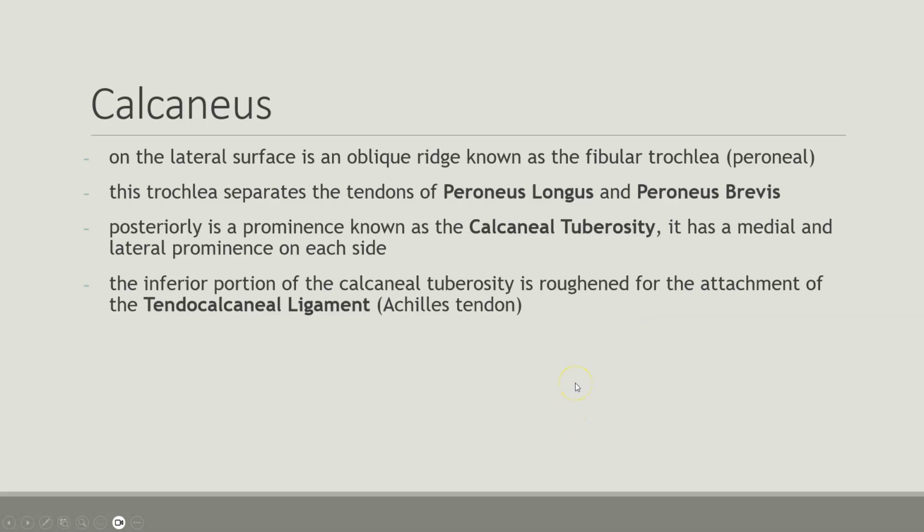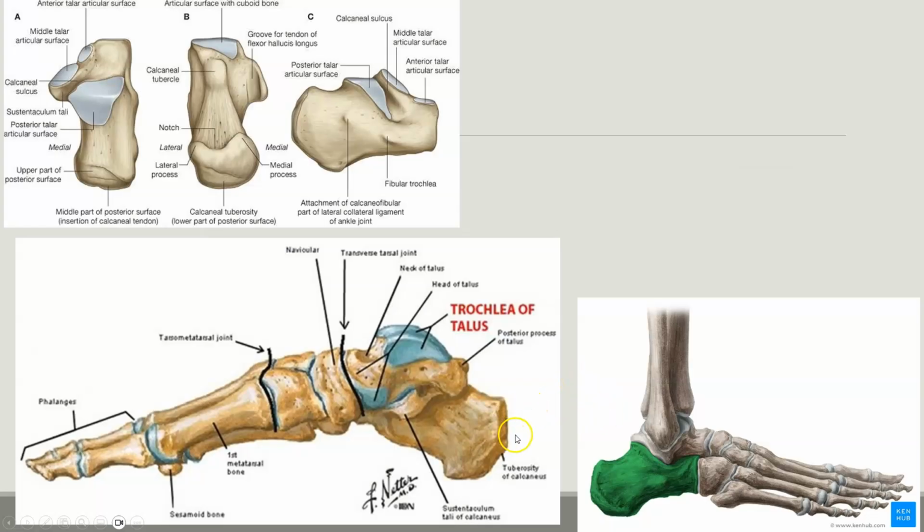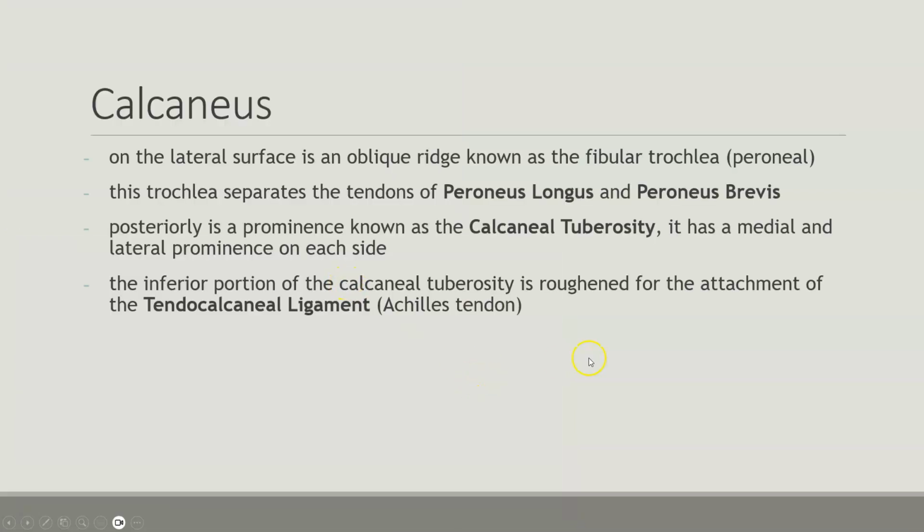Posteriorly is a prominence known as the calcaneal tuberosity, and it has a medial and lateral prominence on each side. You can see here we have a bit of a medial and lateral process on the posterior aspect of this. There we find a roughened tuberosity, and underneath that tuberosity, more towards the plantar surface, you have a roughened area.